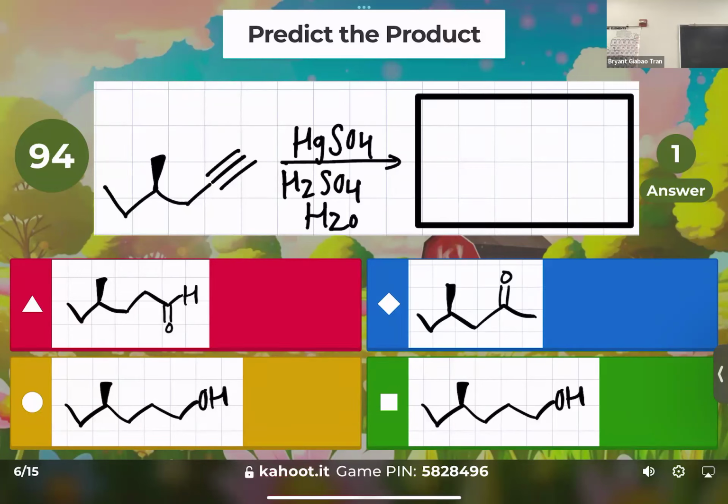Yes, this is one reaction where all those reagents are in one step. Like all those reagents are one reaction, yeah, with alkyne.